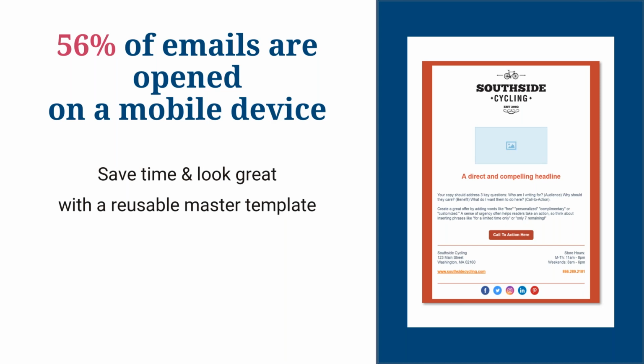But once you've got a master template, you can set up emails really quickly, and you'll set that master template to match your branding and include things like your social media and your contact information that will remain consistent over your emails. Then when you're ready to create an email campaign, you'll just make a copy of it and add in the content you need to add. So using a master template is going to make it easier for you to get your email marketing out the door and looking great when you have lots of different hats to wear for your business. So let's move on from there.